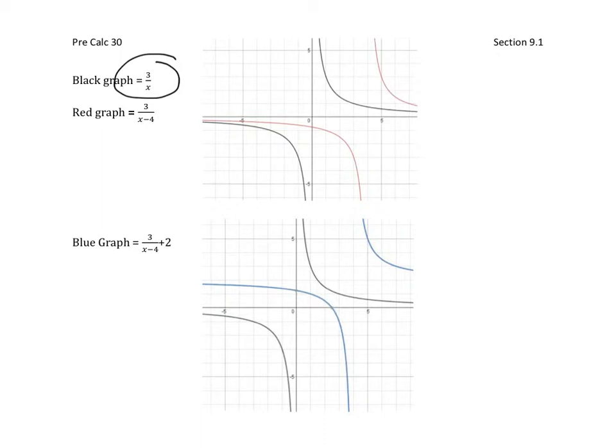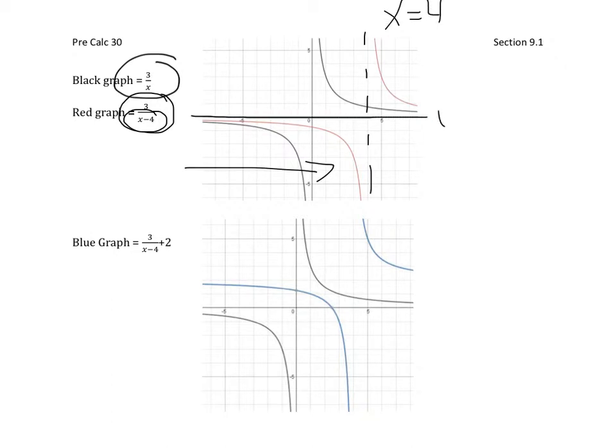If we look at that same black graph, and now we apply a translation on the bottom there, what happens is our graph actually shifts to the right 4. So we now have an asymptote at x equals 4 and a y asymptote still at 0.